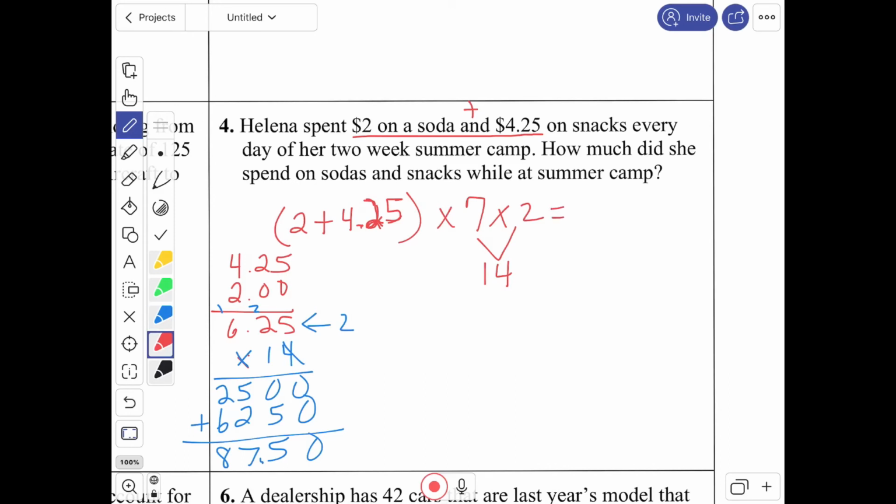And then I need to move the decimal over 2 spaces. So this equals $87.50.